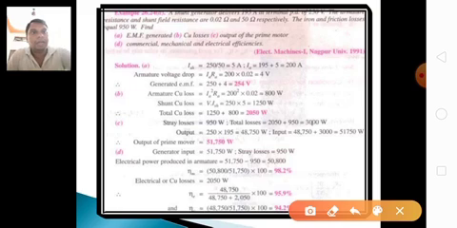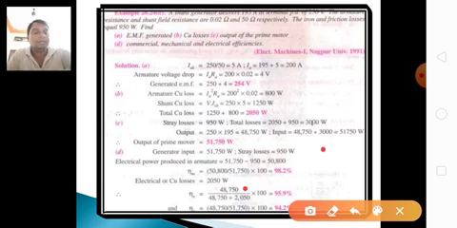Mechanical efficiency is 50,800 by 51,750, that is 98.2 percent. For electrical, the copper losses are 2050, so 48,750 by 48,750 plus 2050.